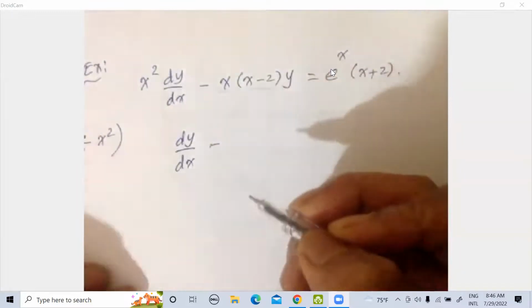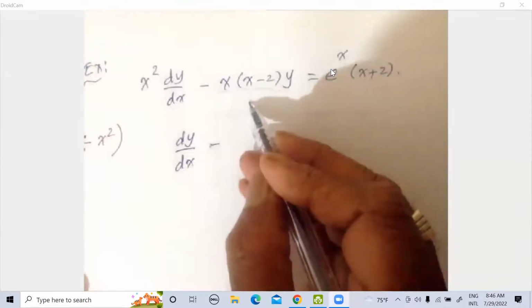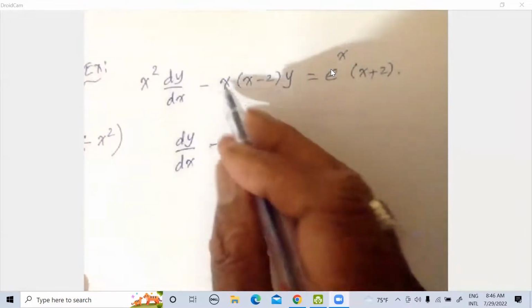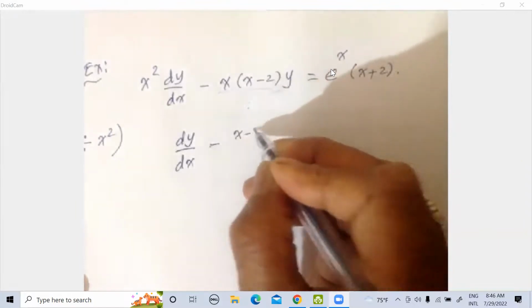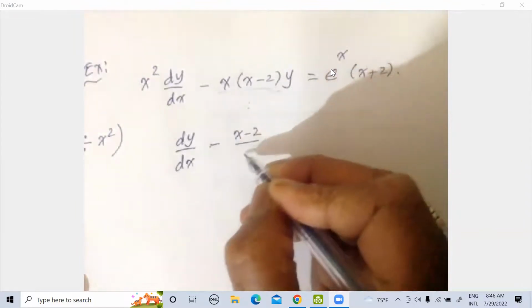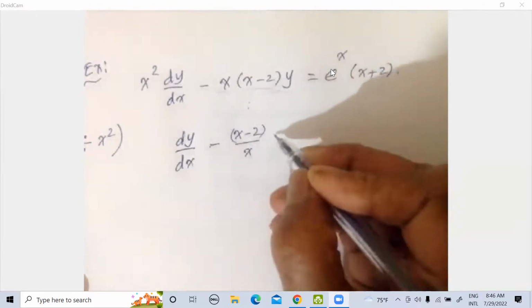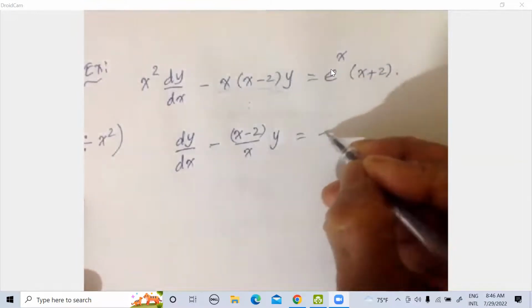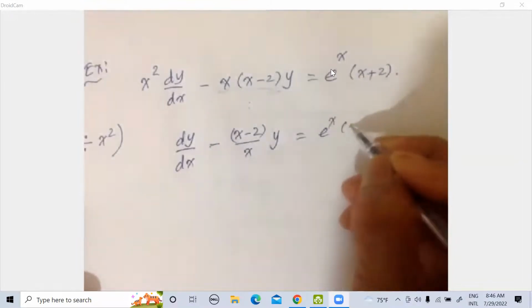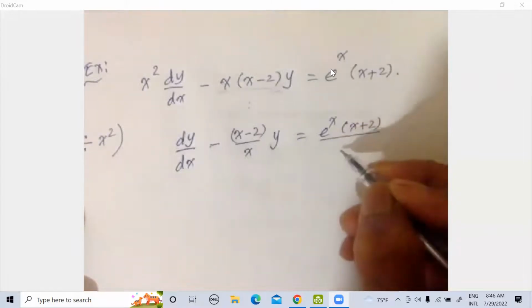minus, if you divide this by x squared, the x cancels. You get x minus 2 over x times y equals e to the x plus 2 divided by x squared.